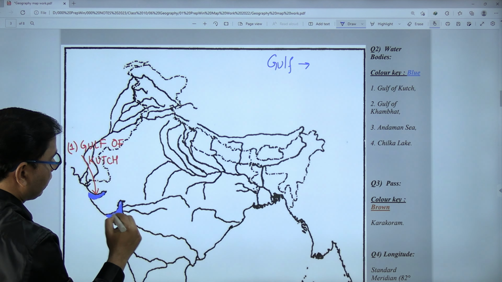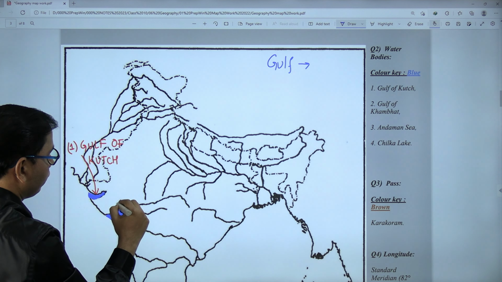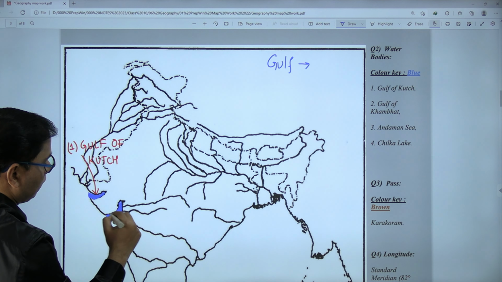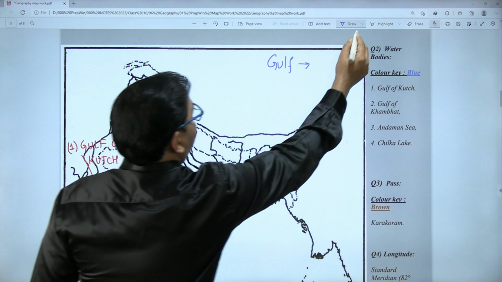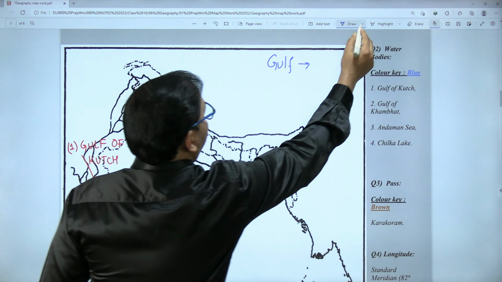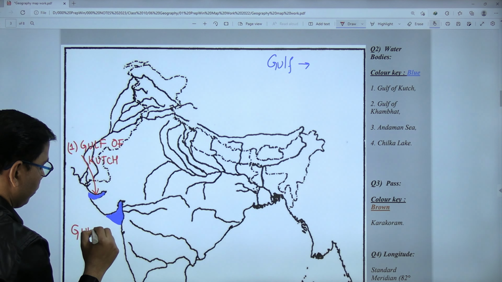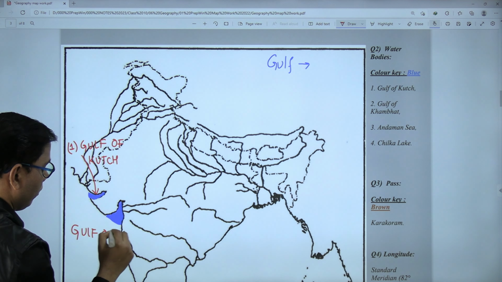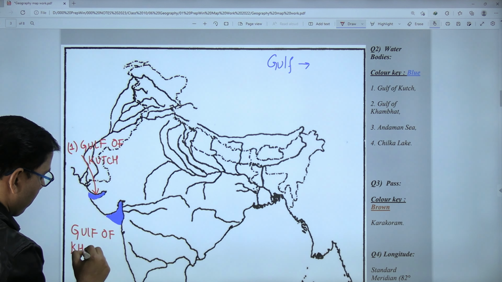So all the water bodies you are going to mark with a blue pencil color, right? So here we write the name as Gulf of Khambhat, which is our second map marking.